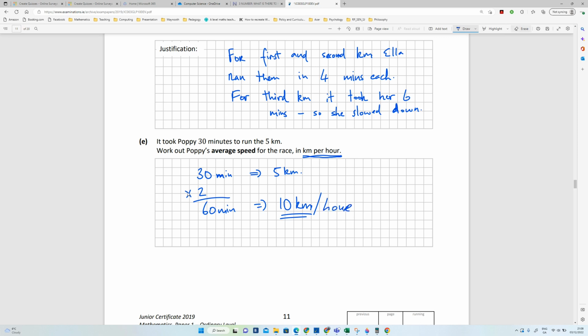So that's what she can do in an hour, kilometers per hour. So that's your answer here: 10 kilometers per hour. If she kept running at the same speed as her first half hour, she would have covered the same ground, i.e. 5 kilometers in the second half hour, which means that she would have covered 10 kilometers in an hour.